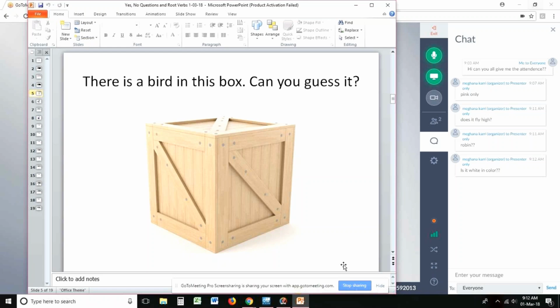From that you can narrow down to what exactly the bird is. Is it a, yes, it is a wild bird. Yes, it is an eagle.